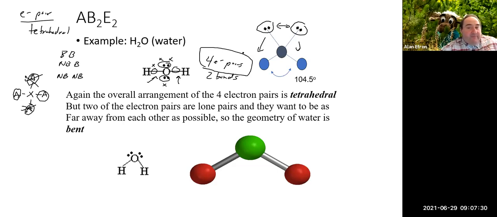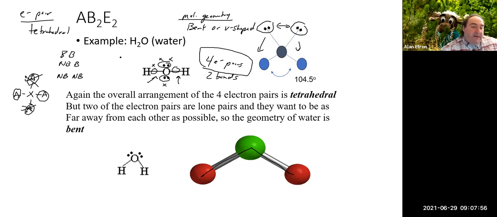And all that moving around creates a molecular geometry which is known as bent or V-shaped. Because as you can see, it makes a bent or backwards V, if you will, or upside down V.